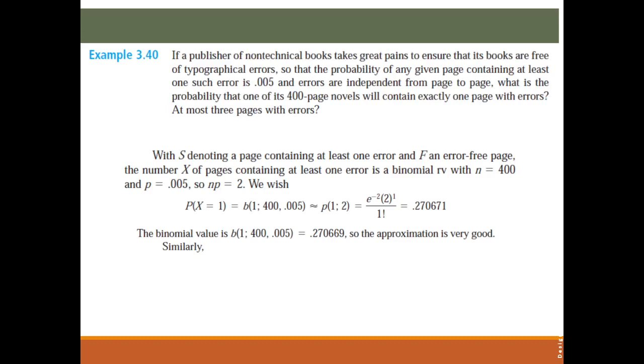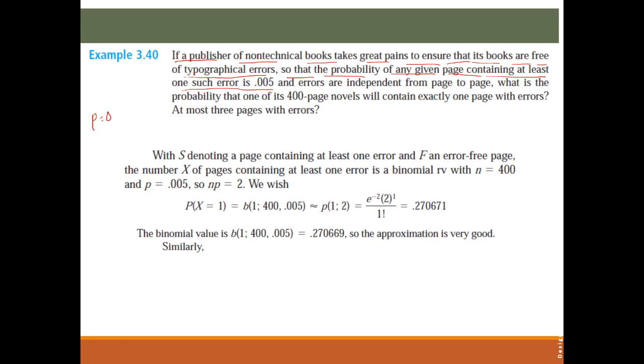So now I will do a problem. A publisher of non-technical books takes great pains to ensure that its books are free from typographical errors, so that the probability of any given page containing at least one such error is 0.005.